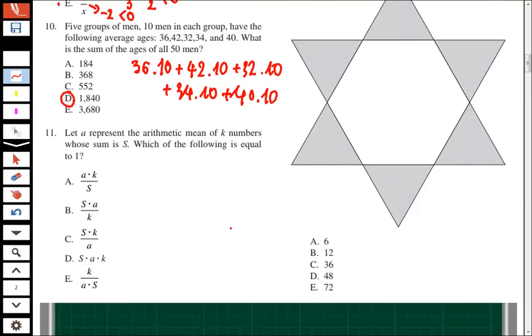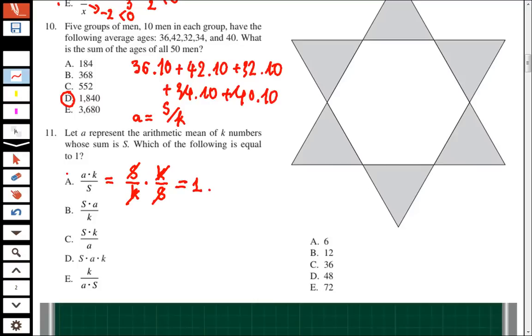Question number 11. Let A represent the arithmetic mean of k numbers whose sum is S. So we have A equals S over K. Option A equals S over K times K over S equals 1.